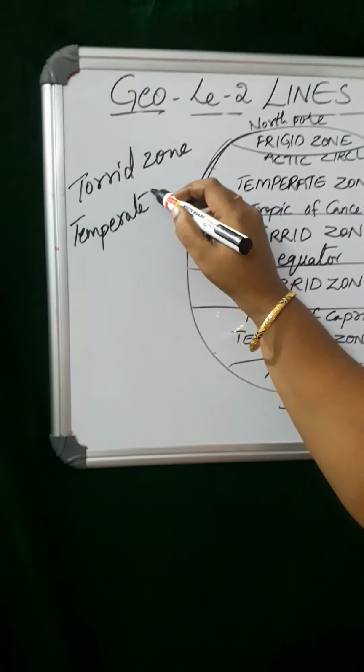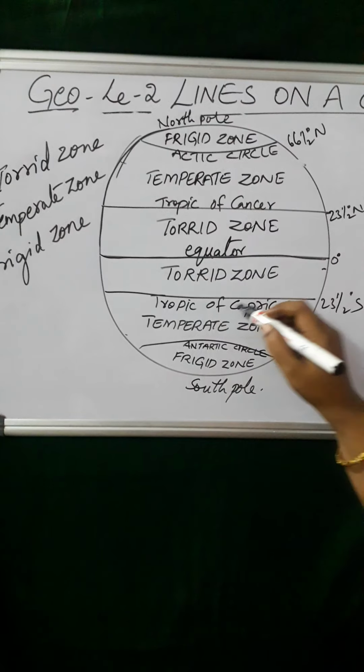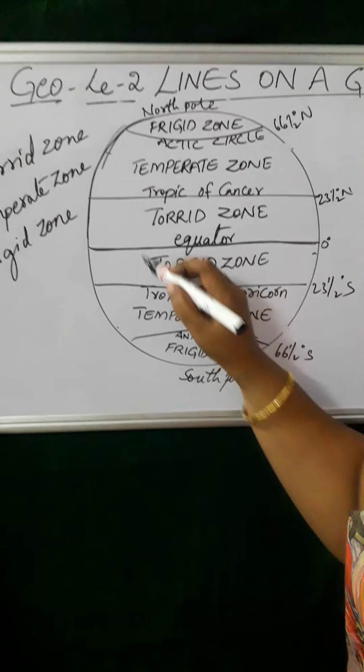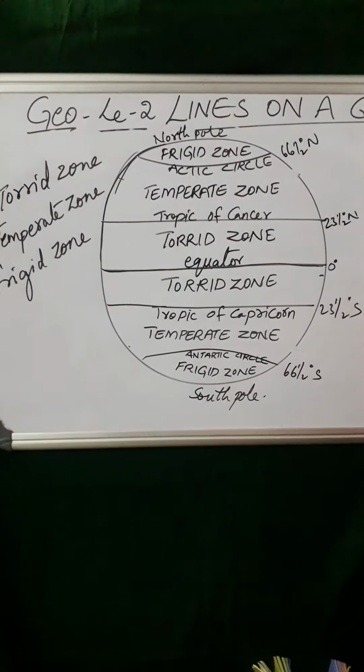So this is the globe. Here the earth is divided equally. It is the equator. It lies on 0 degrees. This is the northern hemisphere and this is the southern hemisphere. So above the equator, near the Tropic of Cancer, and below the equator, the Tropic of Capricorn, this area is the torrid zone, and here the sun's rays fall directly.